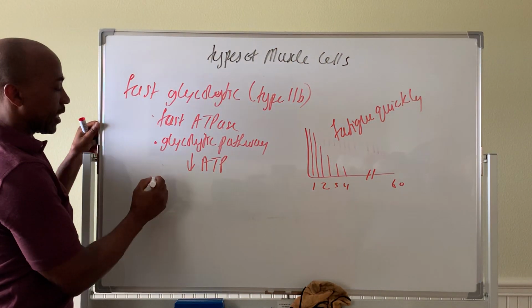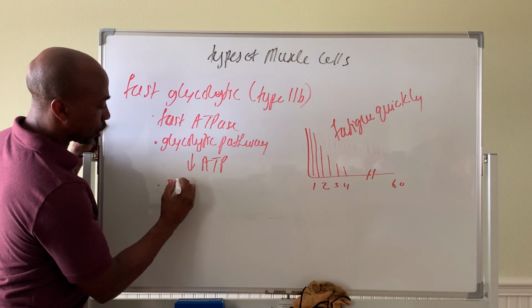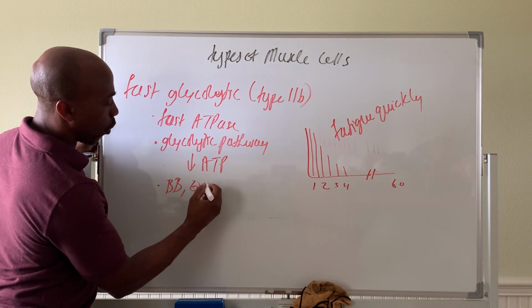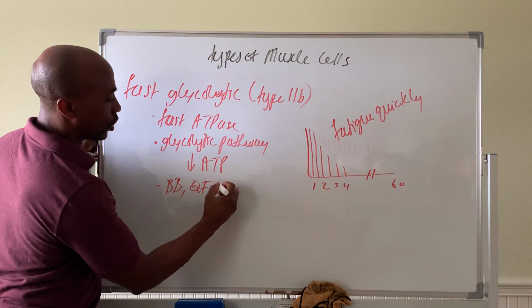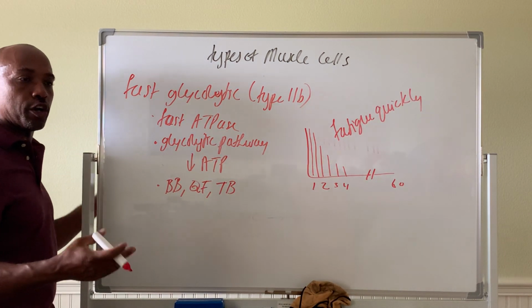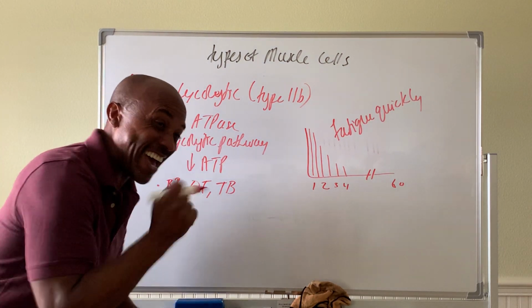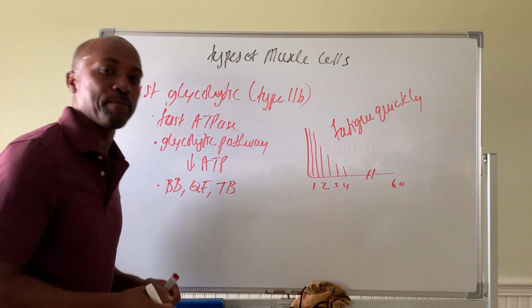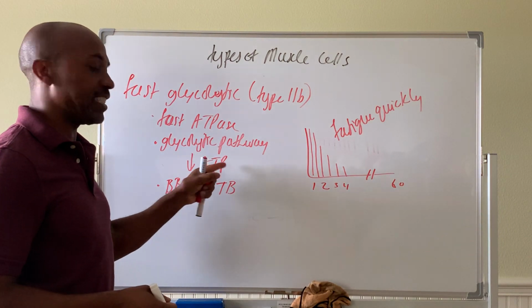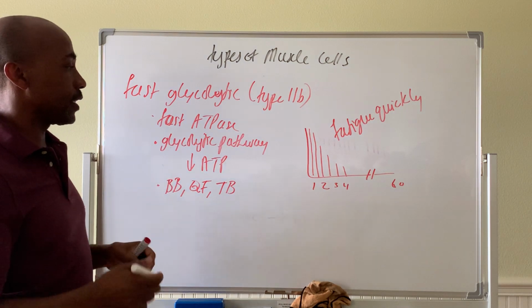You may find these a lot in your, say, biceps brachii muscle, your quadriceps femoris muscle, your triceps brachii. These muscles in the appendicular parts of the body are used for quick, rapid movements. Those muscles are fast movements, but they fatigue quickly because they quickly run out of ATP. So those are your fast glycolytic fibers.